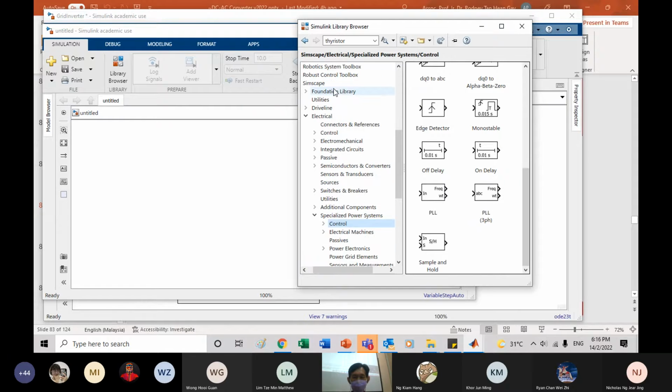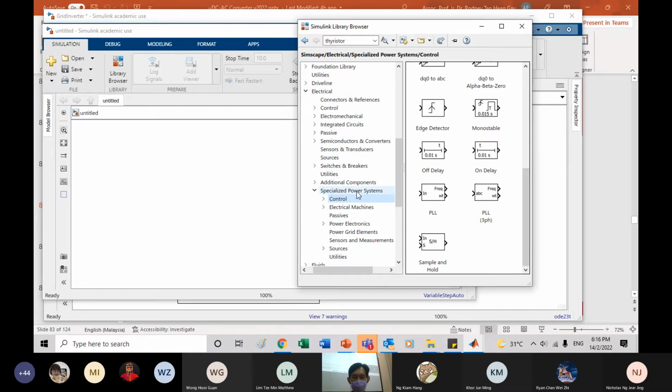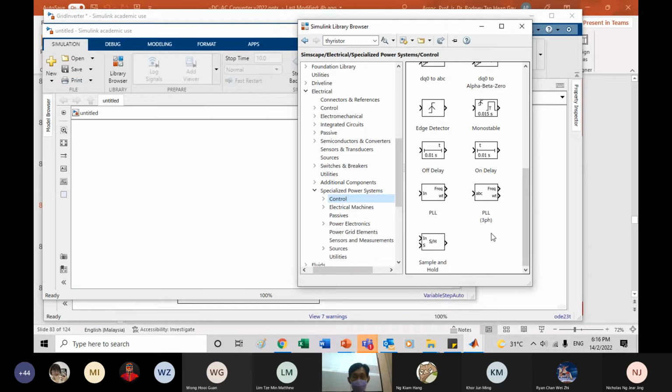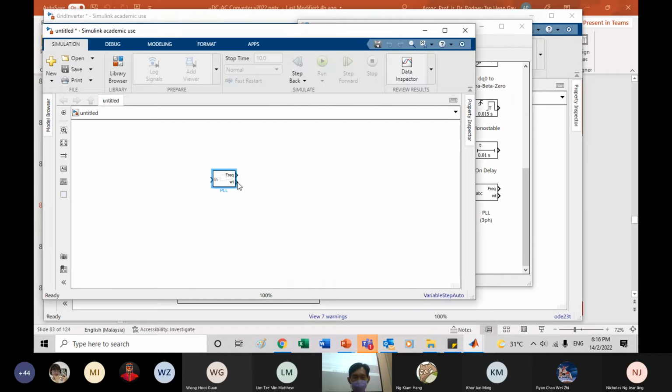Under Simscape, Electrical, Specialized, Control. And there are two PLLs. One is 3-phase, one is single phase. And like I said, if you are using a 3-phase inverter, you use a 3-phase PLL. So we take this PLL over here.